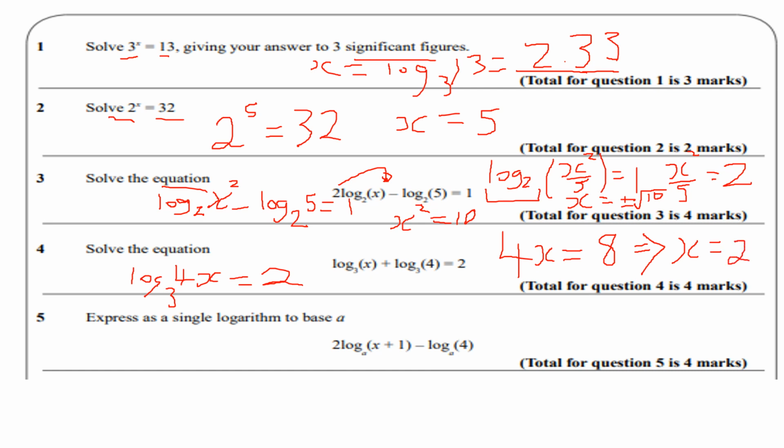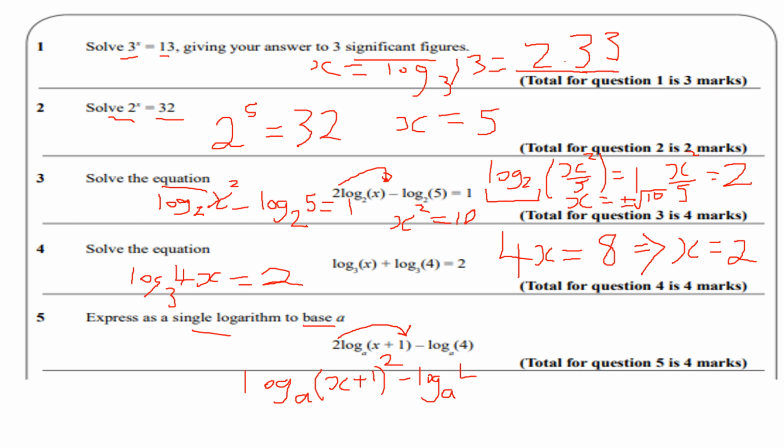Okay, question number 5, express as a single logarithm to base a: 2 log to the base a of x plus 1, minus log to the base a of 4. We're using the power law, so I'm going to bring this 2 up here. So I'm going to have log to the base a of x plus 1 all squared, subtract log to the base a of 4.